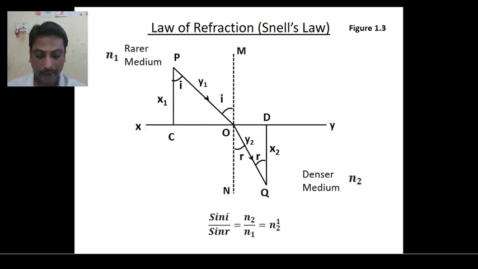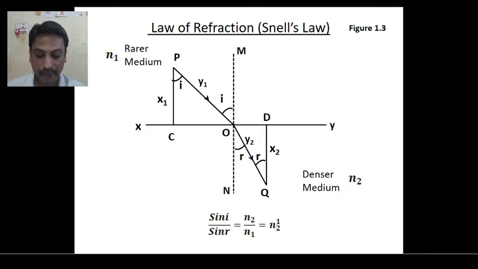Now again, I am going to calculate the time taken by the light to travel the path POQ as time taken is equal to distance travelled divided by velocity. Accordingly, T is equal to y1 divided by c divided by n1 plus y2 divided by c divided by n2.